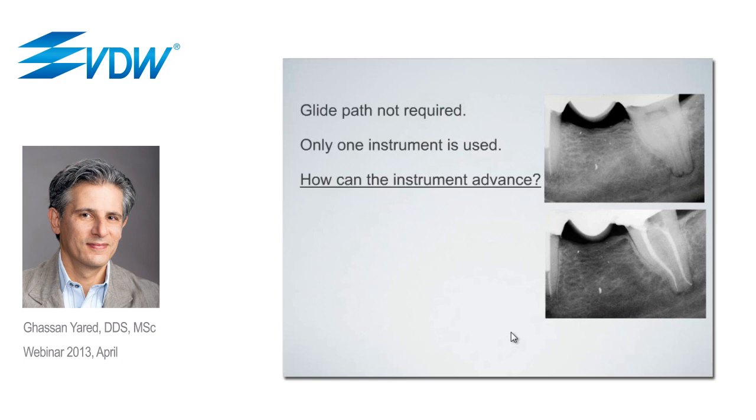This is how I prepare the MB2 canals. I never start with the hand file. I never create a glide path. I always start with the reciproc instrument. How can that instrument go into a very narrow canal like the MB2, which can sometimes be also strongly curved? How can that be without any problems?